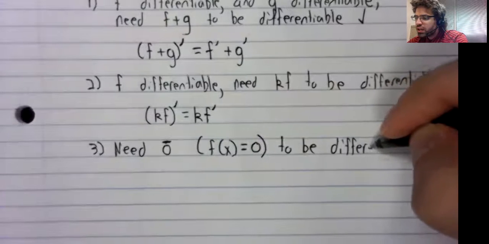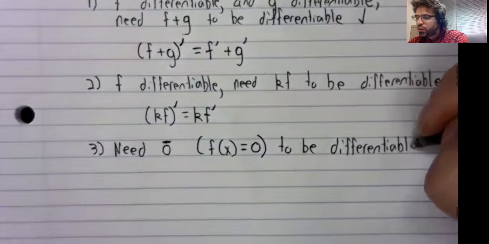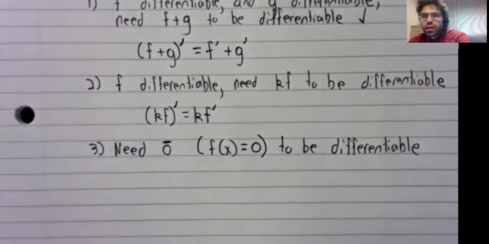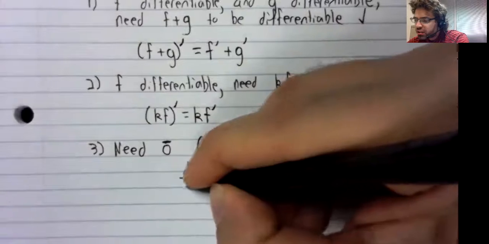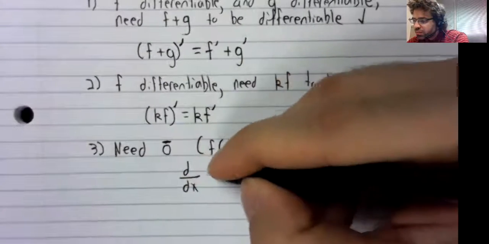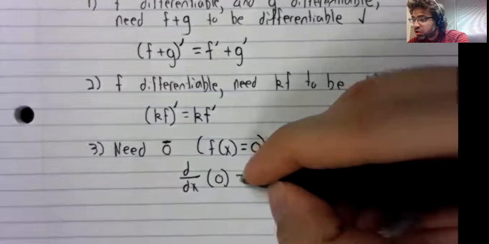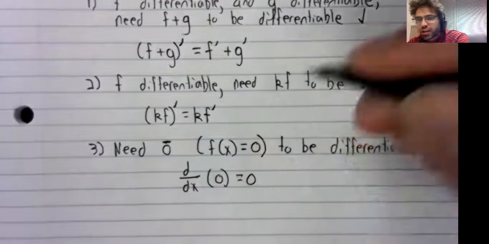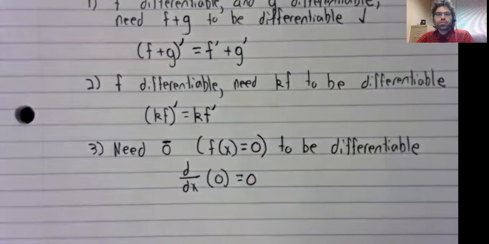We need this to be differentiable. And it certainly is. In fact, it has the property of being its own derivative. The derivative of any constant function exists and is the zero function.